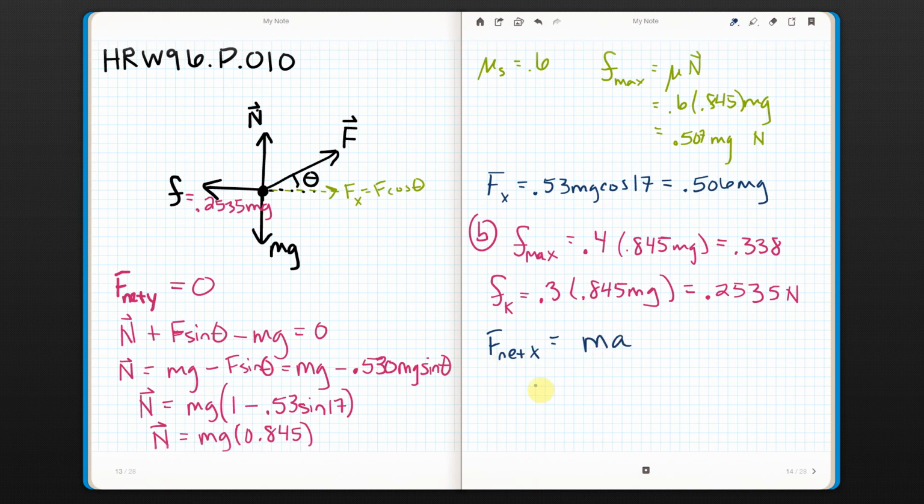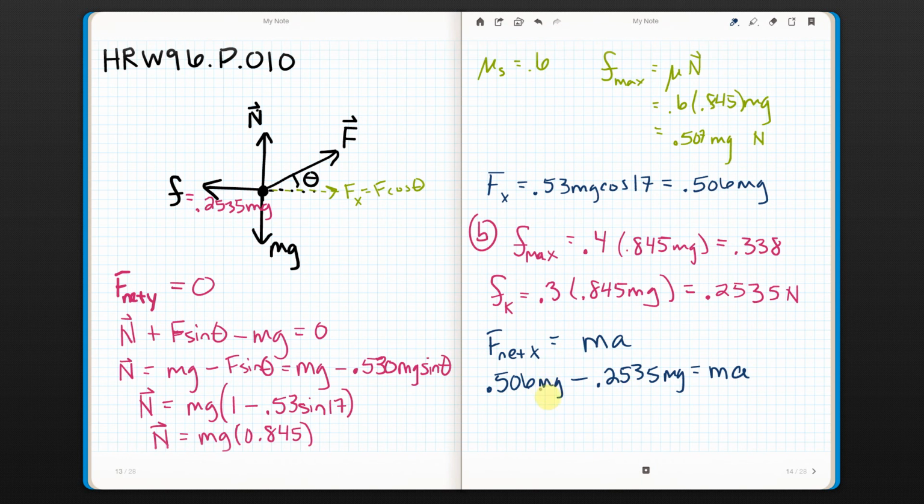I'm pulling with F cosine theta, which was 0.506 mg, minus the friction to the left-hand side, 0.2535 mg. That's going to equal mass times acceleration.